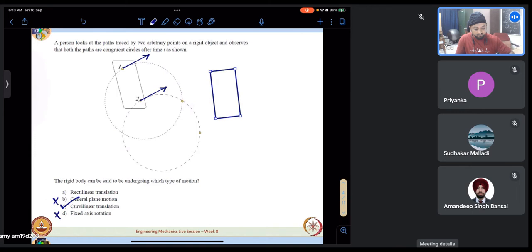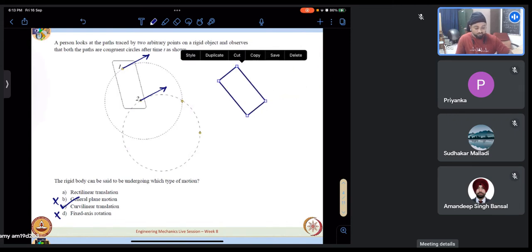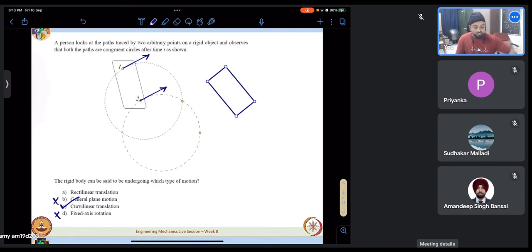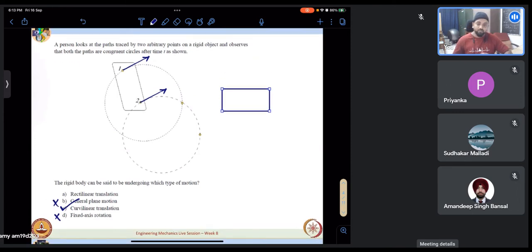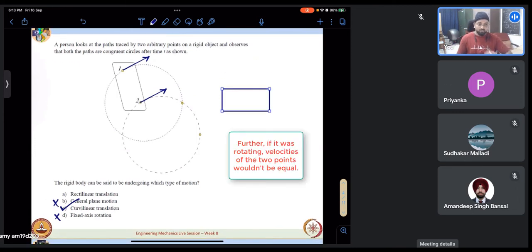Since that is not the case, neither is it moving like that. It is not rectilinear translation because it is not moving in a straight line. It is moving in a circular path, as is given. Fixed axis rotation would have been some point on this is fixed and it is having rotation about that point. It's a little hard for me to show, but essentially one point is fixed in space and it is rotating about that. That is also not the case here because we are able to see that both the points are displaced from their original position.